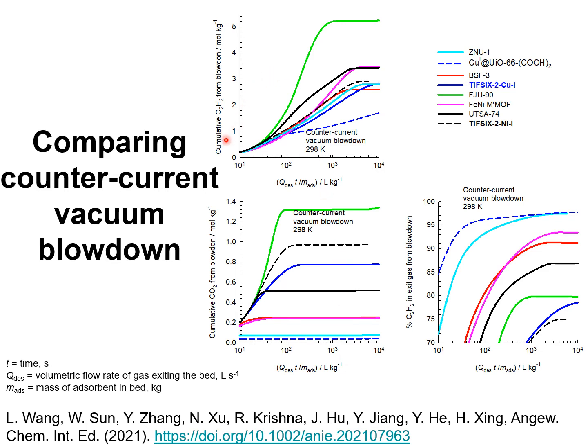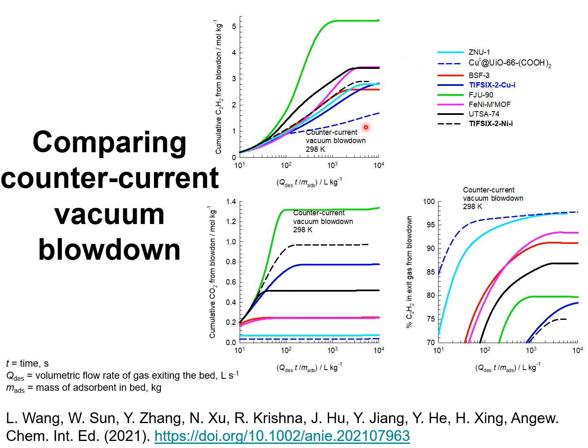Let's first have a look at the recovery of the desired C2H2. The cumulative value of C2H2 recovered from the blowdown is expressed as moles of product recovered per kilogram of mass of adsorbent in the bed. The highest product recovery is realized with FJU90.